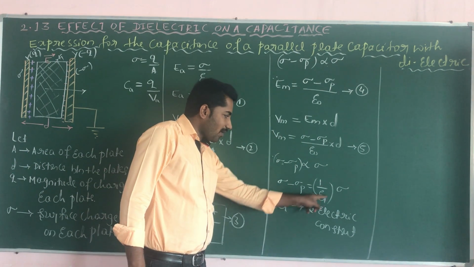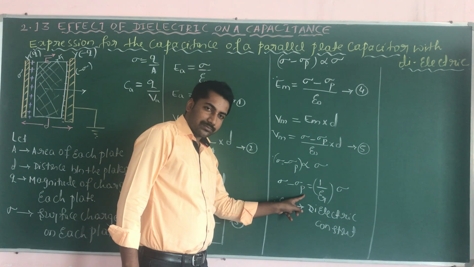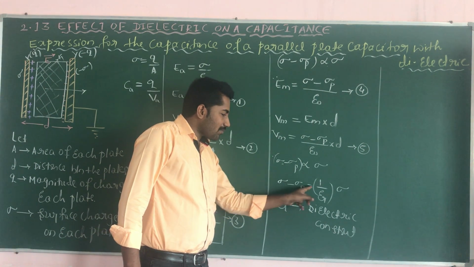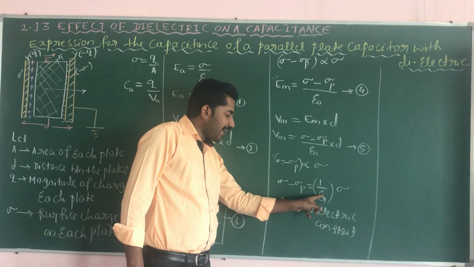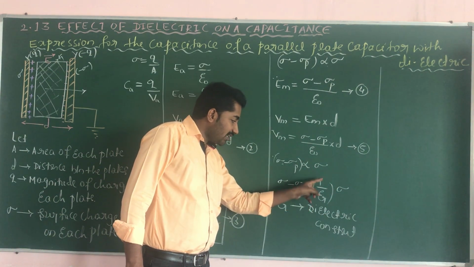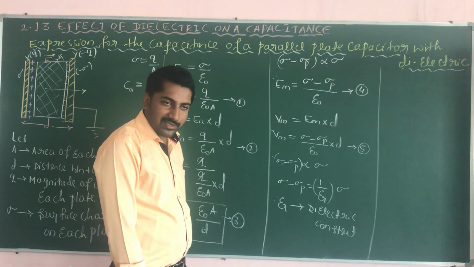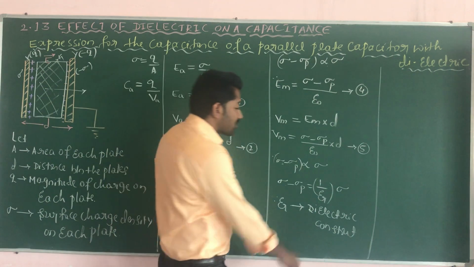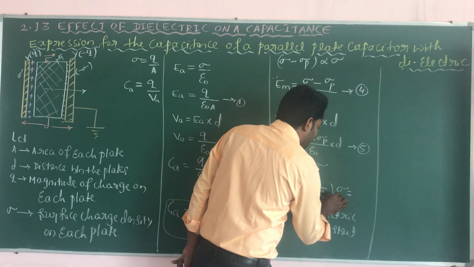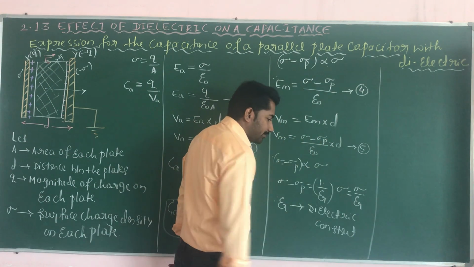Sigma minus sigma p is equal to 1 divided by epsilon r into sigma. Here this is the proportionality constant in this equation, and it is used as the dielectric constant. Also we can write 1 by epsilon r into sigma is equal to sigma divided by epsilon r.